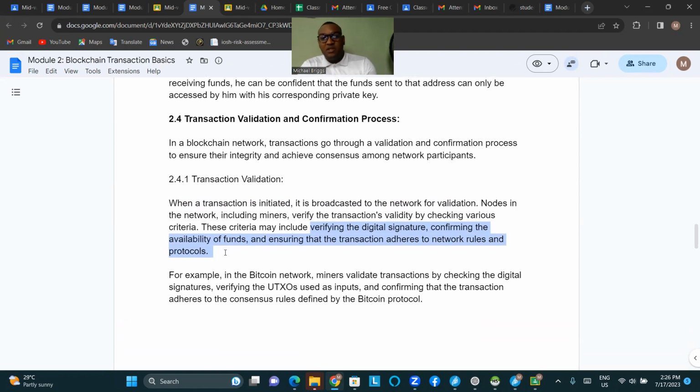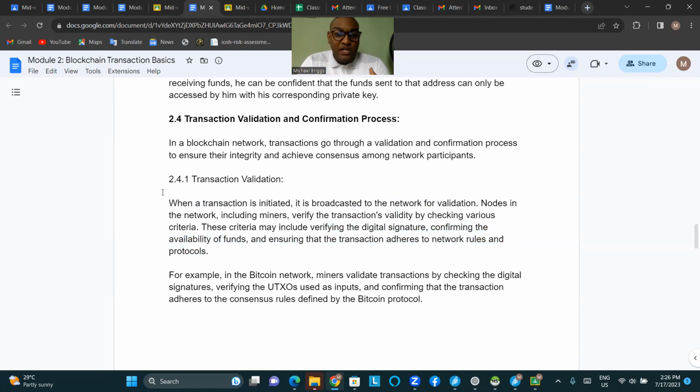So earlier in this module, we talked about UTXOs. Okay. Unspent transaction outputs. Now, these unspent transaction outputs are what determine if you have sufficient funds to be able to do what? Send money to someone. So the transaction is validated in the sense that one of the things being checked is, do you have enough funds to make this transaction go through?